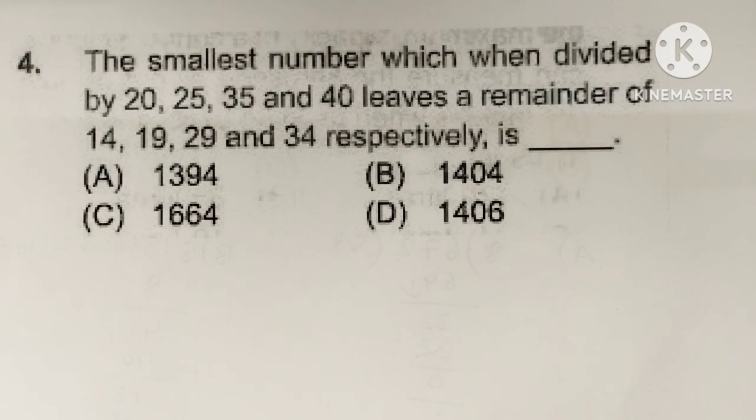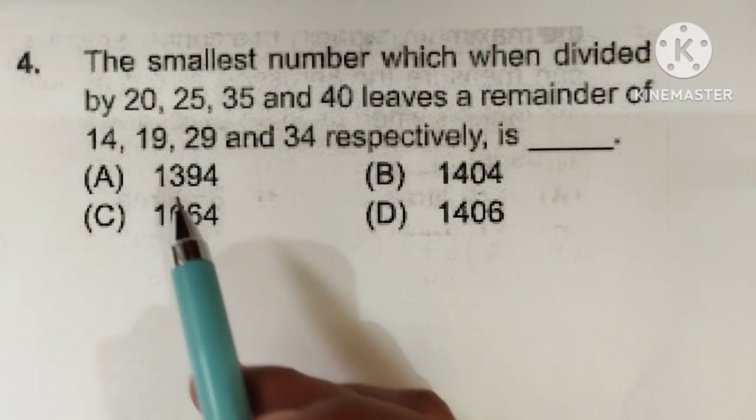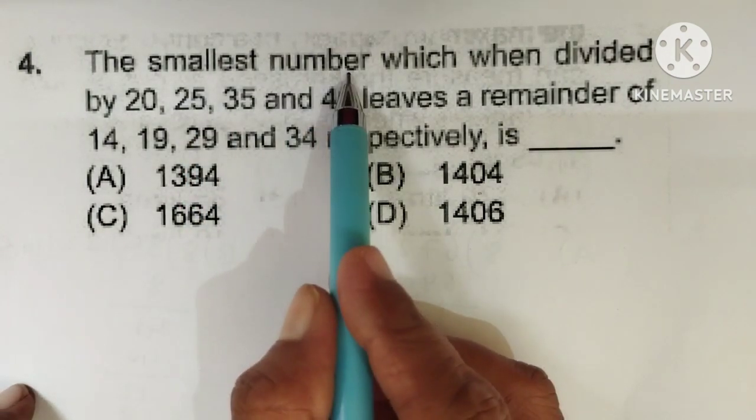Fourth question: the smallest number which when divided by 20, 25, 35 and 40 leaves remainders of 14, 19, 29 and 34 respectively is dash. Here we have to find the smallest number.